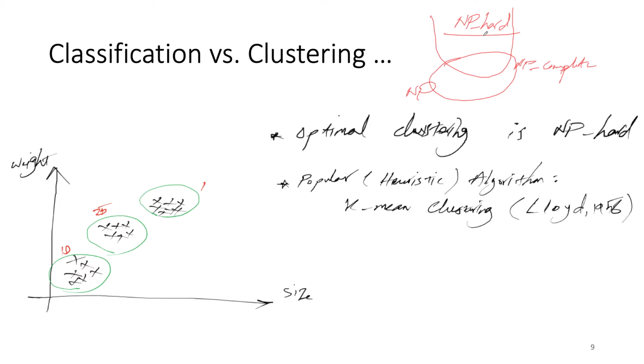defined by Lloyd, L-O-Y-D, in 1956, is k-means clustering. In this case, using the weight and the size, we would be able to group them into 3 groups, like 1 cent, a quarter, a dime, and so on and so forth.